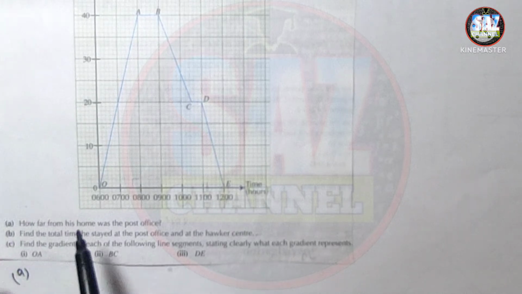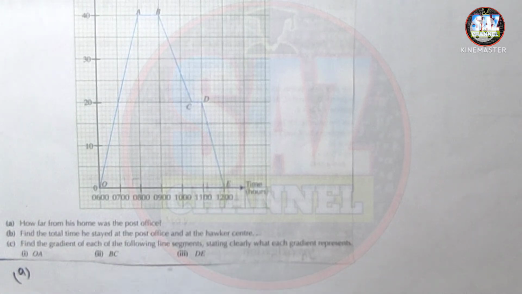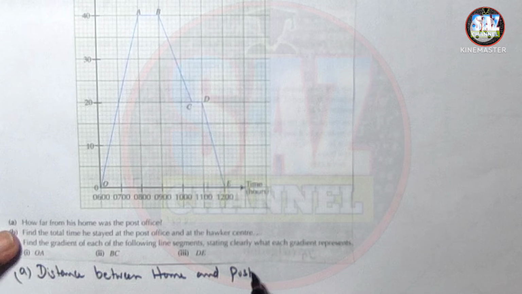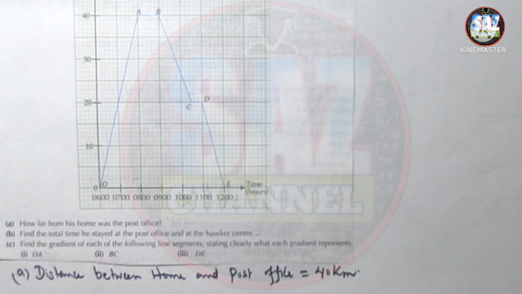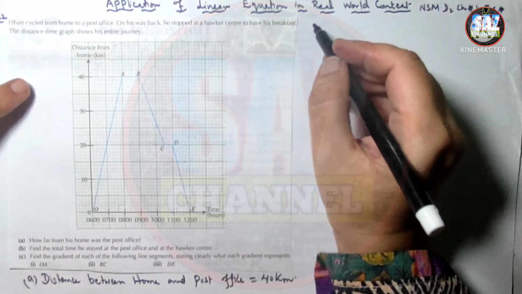So the answer for A part is: the distance between home and post office is 40 kilometers. Okay, then the total time he stayed at the post office and the hawker center, total time.